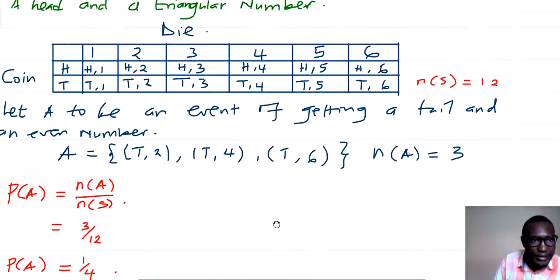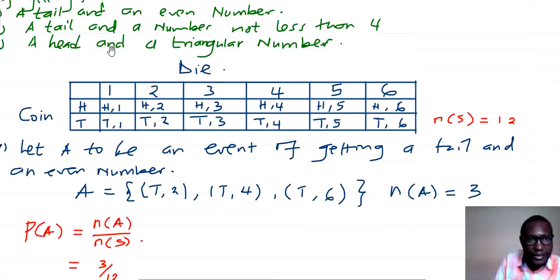So the next question, they need us to get a head and a triangular number. We have head and the 1, head and the 3, head and the 6. Those are the possibilities of getting a head and a triangular number.